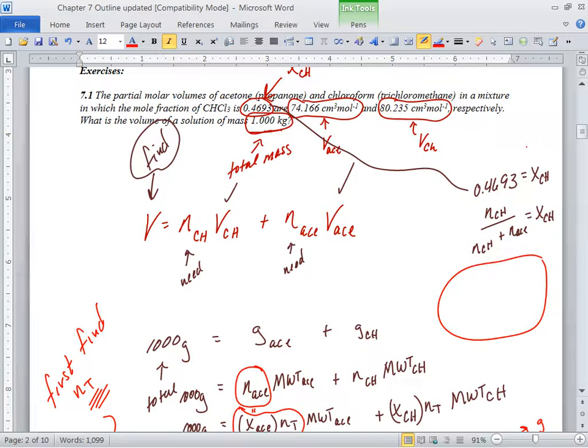Oh, I think I get what you're saying. I don't think you can take the 0.4693 and take that 50% of mass of 1 kilogram to be the mass of chloroform. I don't think that's going to work because it's a weighted sum, weighted by molecular weight. You're assuming there's a total of 1,000 grams. So if they gave us the total number of moles, then it would work.